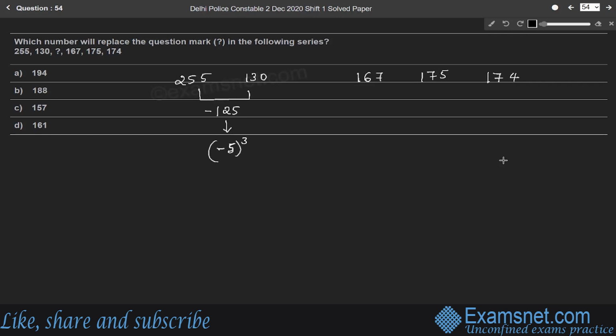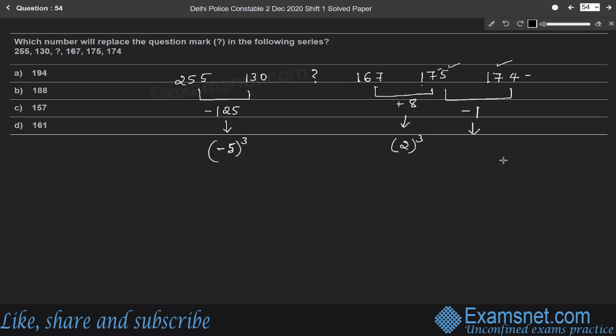Whereas for the number we have to find, look at 167 and 175. When 8 is added to 167, we get 175, where 8 is cube of 2. Look at the last two numbers, 175 and 174. When 1 is subtracted from 175, we get the last number.